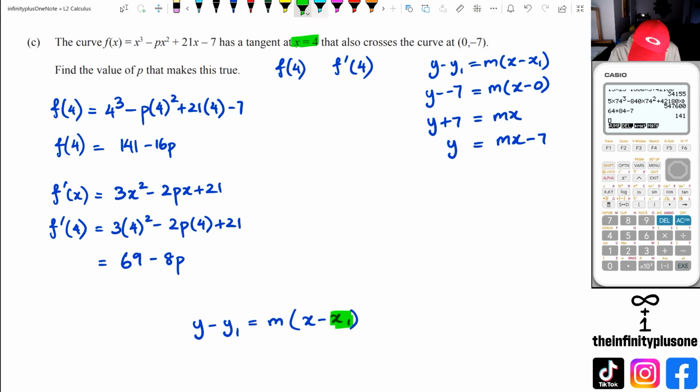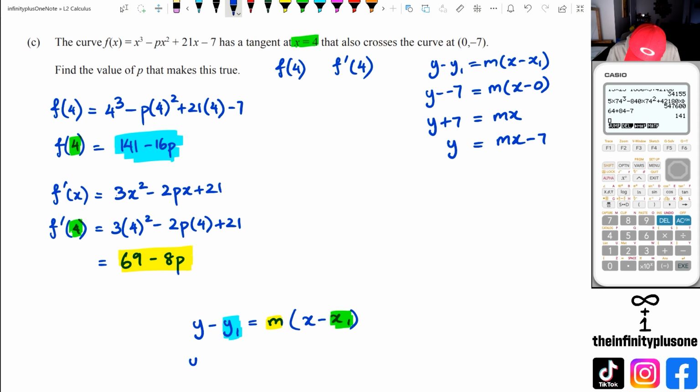The y1 value is f of 4, the same thing as the y value at 4. Then the gradient is the m value, which is 69 minus 8p.